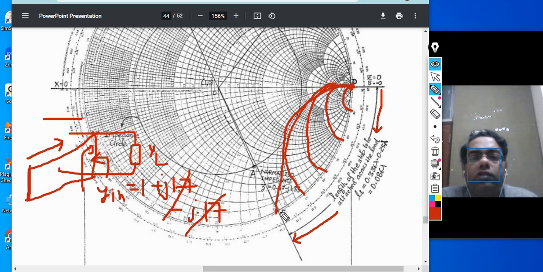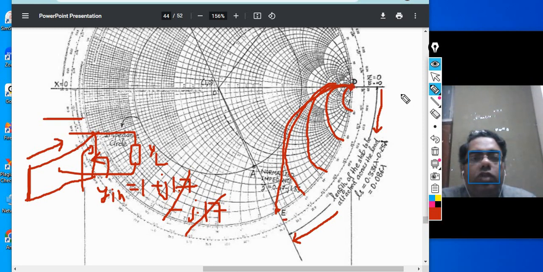At this point, the susceptance is minus 1.7, because we are in this half. So at this point we will stop, point E.